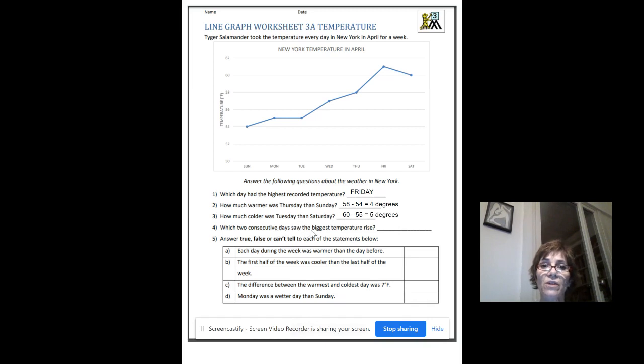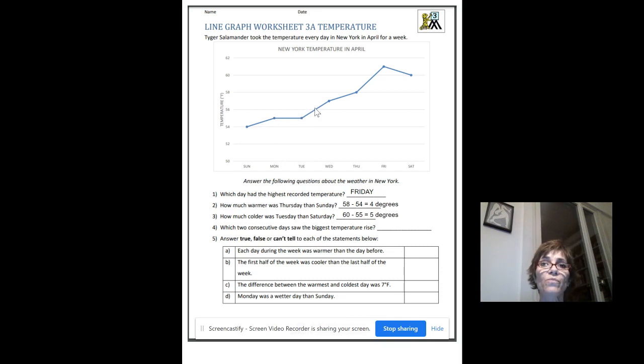Which 2 consecutive days saw the biggest temperature rise? Okay, so going from one day to another, when do we notice the biggest temperature rise? I can really see it immediately. Here it was 1 degree, 1 degree. Here there was no rise in temperature.